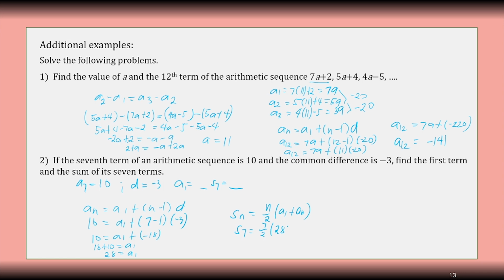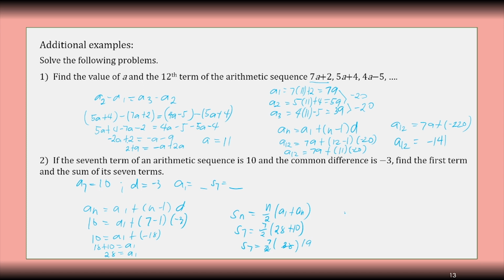Then, yung ating A sub 7 is, syempre, siya ay 10. So, S sub 7 is equals to 7 over 2. Hindi siya divisible. Huwag muna natin i-simplify. So, 28 plus 10 is 38. So, yan. Pwede natin siyang i-simplify itong dalawa. So, 38 and 2. So, ito yung magiging 19.